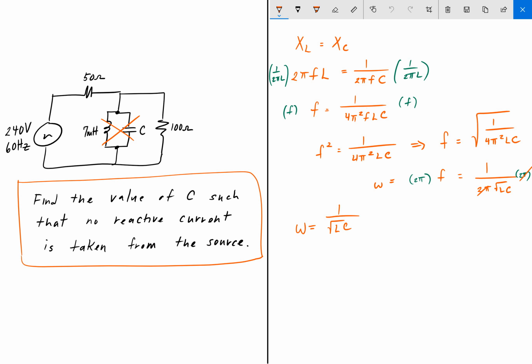Going back, we need to solve for C using this resonant equation. We know what omega is and we know what L is.